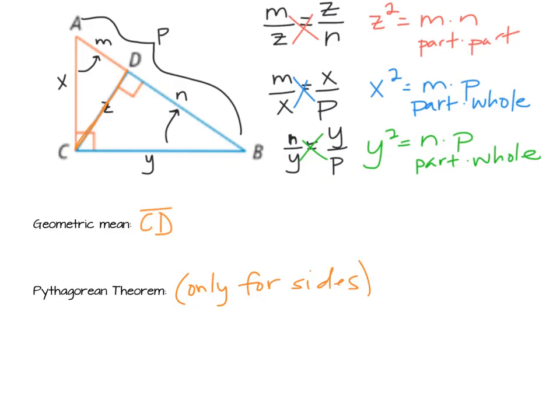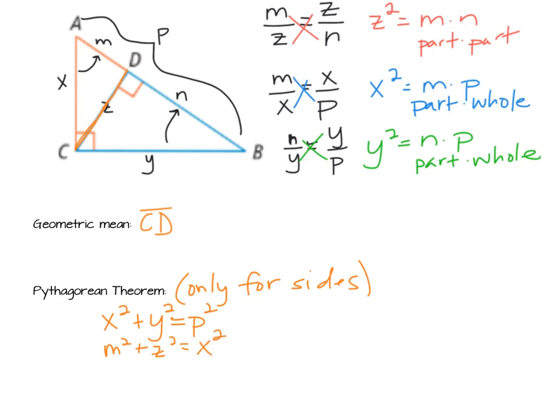Let's start off with the big triangle. X squared plus Y squared would equal P squared. So that's the big triangle and the entire shape. If we look at the shape that's on the top, then X becomes the hypotenuse. So the top triangle on the left is M squared plus Z squared equals X squared.